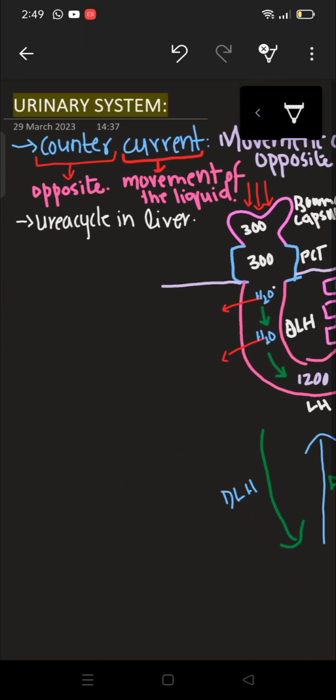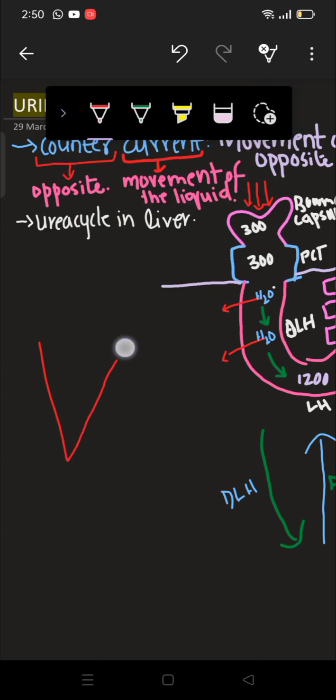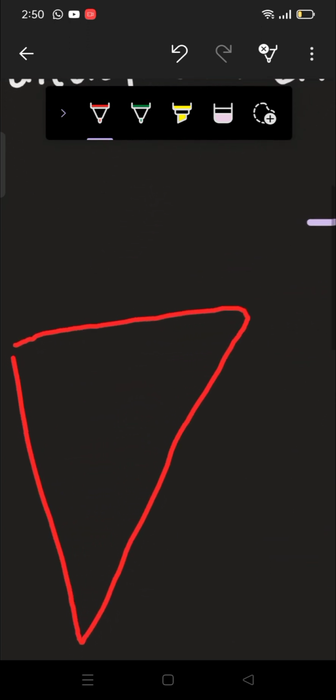How is this in the liver? Because as I told you in my previous lecture as well, we had proteins, and those proteins were broken down into amino acids, because protein is made up of a chain of amino acids, and then that amino acid goes to the liver.